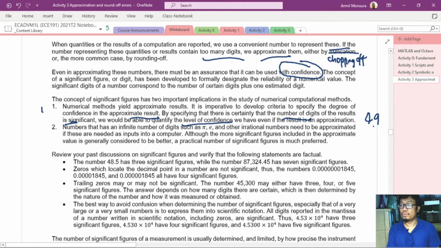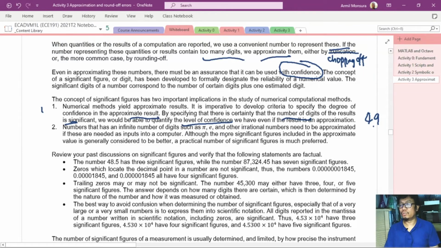Okay, number 2, numbers that have an infinite number of digits such as pi, e, and other irrational numbers need to be approximated because you cannot write them in computers using their entire digits, kasi nga they are non-repeating, non-terminating decimal numbers.